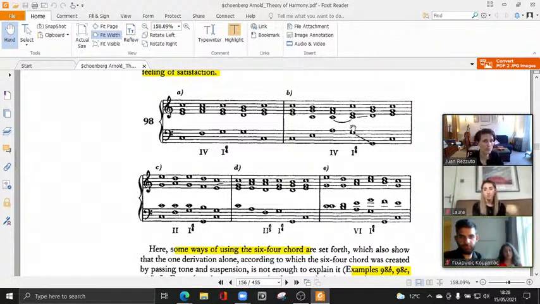The point of the fourth is that it resolves to the B, and that is not happening. That's why you have to double the C. But we cannot put a C randomly out of nowhere because it's a dissonance, so it has to be treated somehow. That's why it's treated like an appoggiatura.